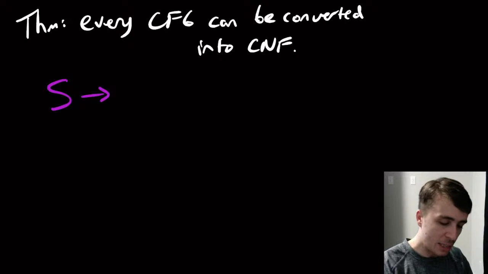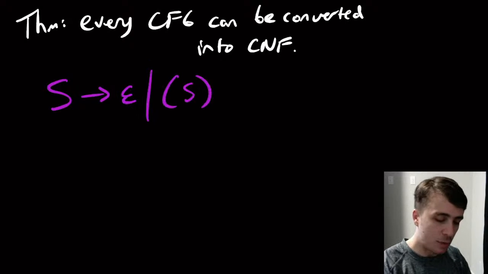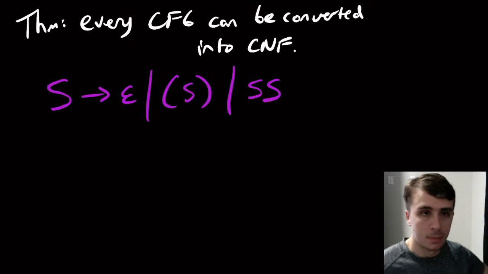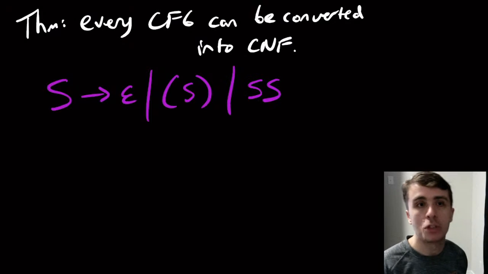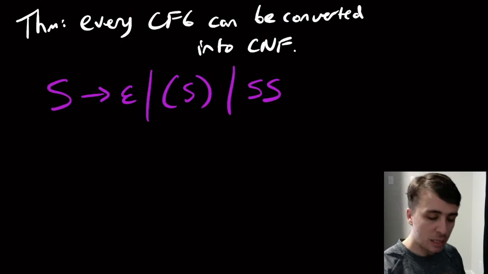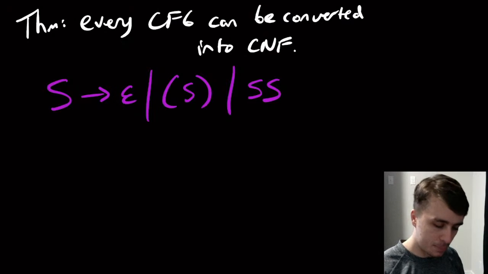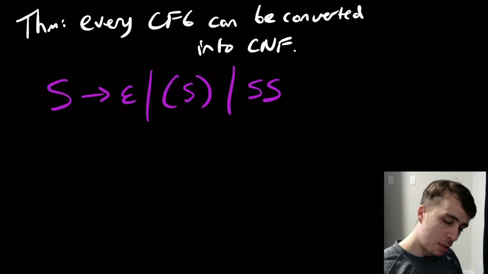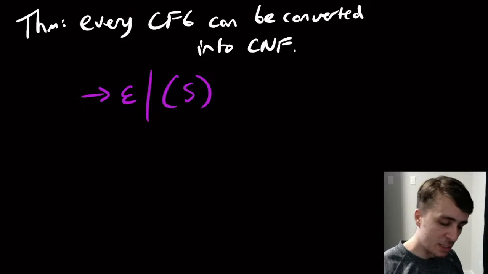We have S going to epsilon, or left S right, or SS. So this is the grammar. Let's say we want to convert it into CNF. It's kind of there, not quite, because this is not the best example.